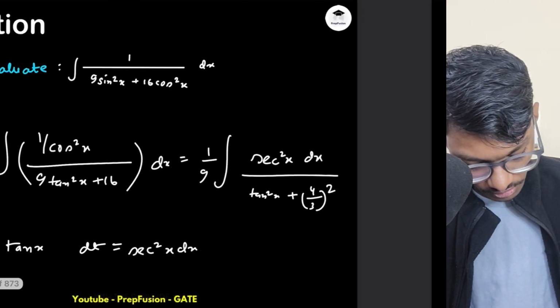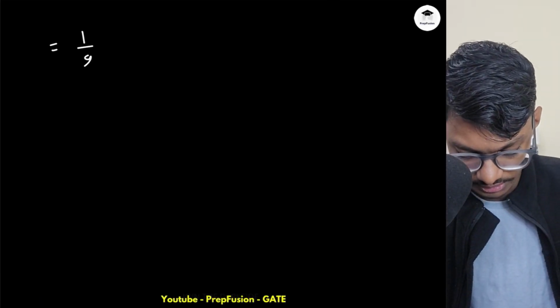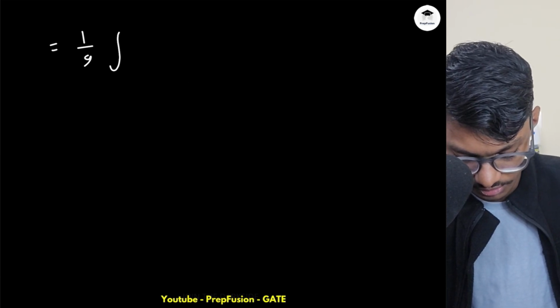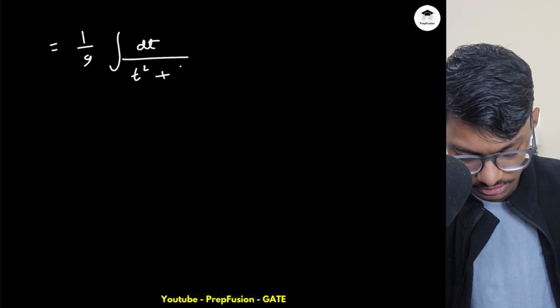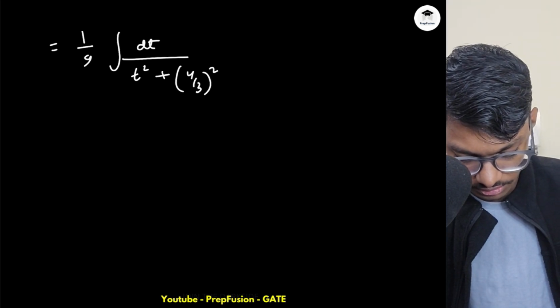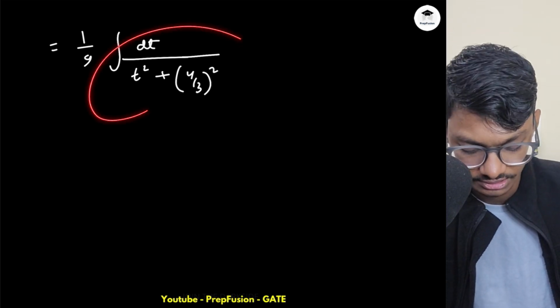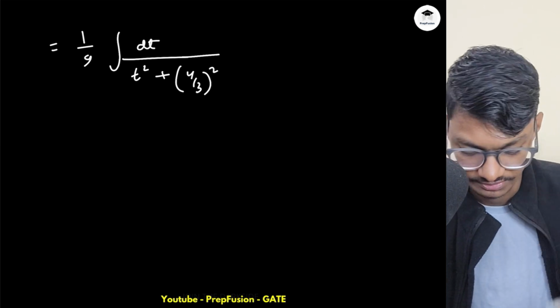So here I can replace this like this: 1 by 9, this will be dt divided by t square plus (4 by 3) square. Now do you remember any formula? This is the formula of tan inverse x by a: 1 over a into tan inverse x by a.